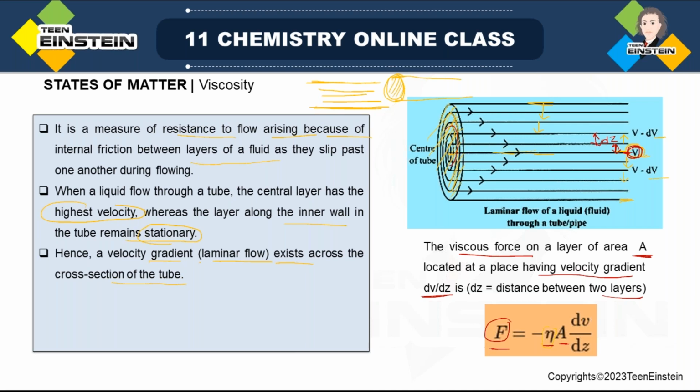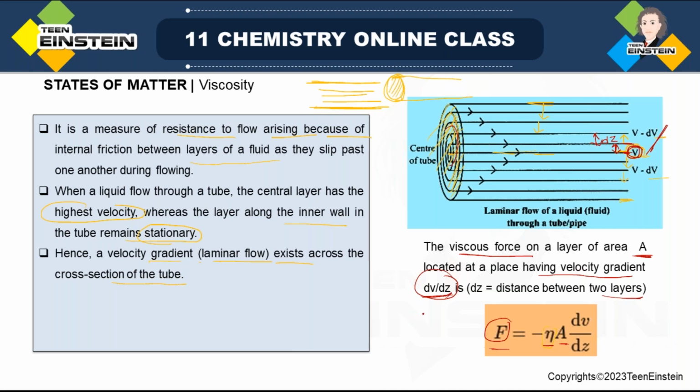Now this is the most central part, where velocity is max. If you move to the next layer, it is v minus dv. If you take the difference between these two velocities, it is v minus dv minus v, so v cancels, and it is dv. This dv/dz, the speed difference divided by the distance between the two layers, is known as velocity gradient. It tells how much velocity changes with respect to the distance dz.